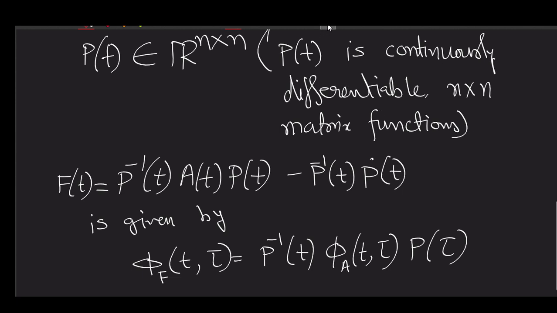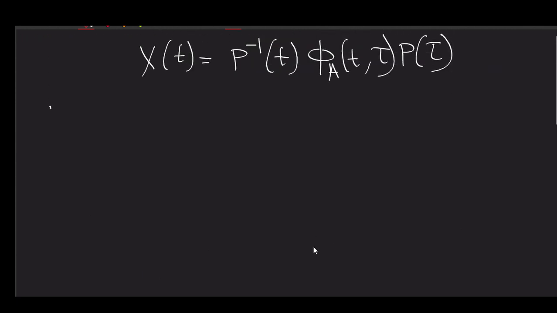So let us start this proof here, that we can write x(t) is equal to P inverse(t), with tau being an arbitrary constant, right?